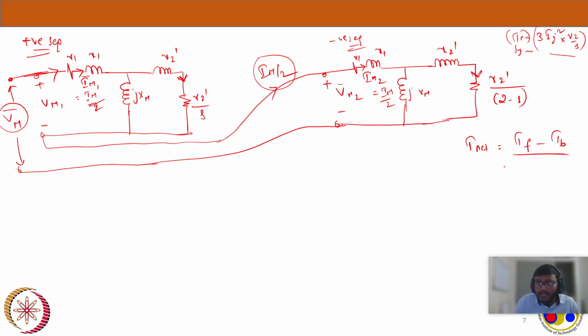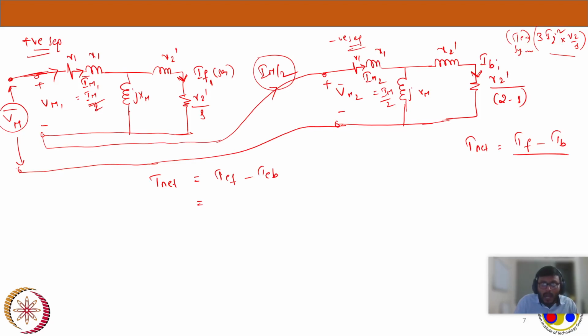Now, if I want to calculate the net torque here, what will I get? T net is equal to, this is very important, torque forward minus torque backward. So if we assume the current flowing through the R2 by S in case of positive sequence as IF1, forward field in the positive sequence, and the current flowing through the negative sequence as IB1, because it is the backward field.